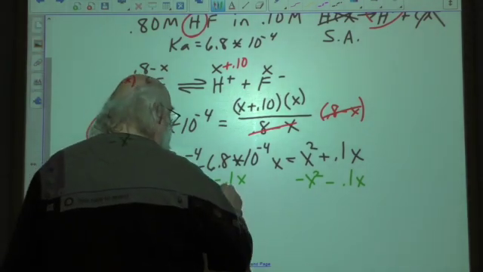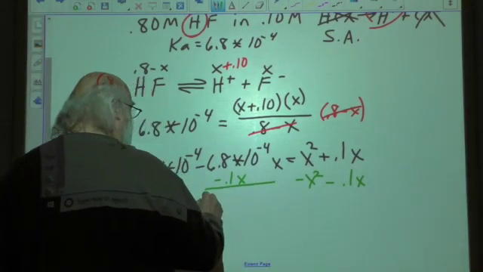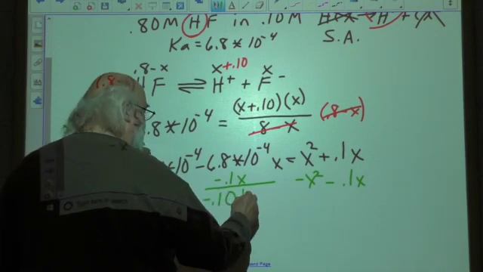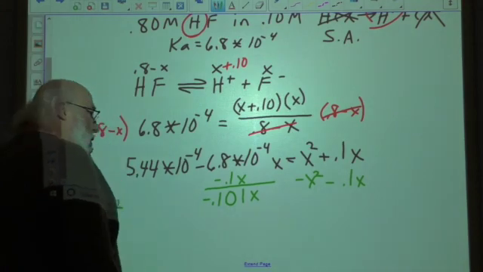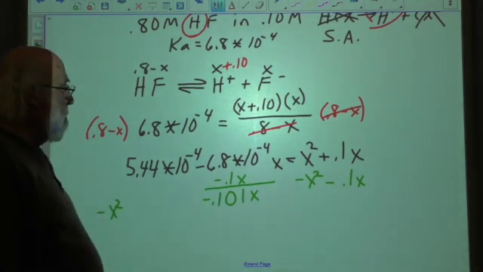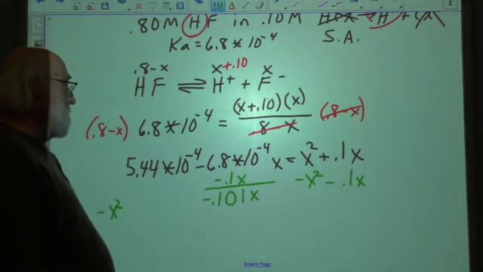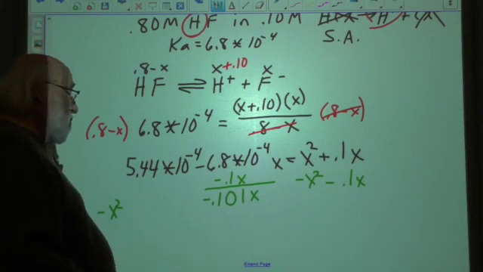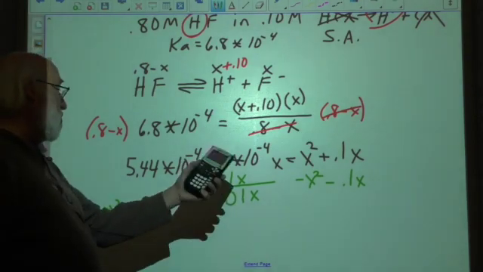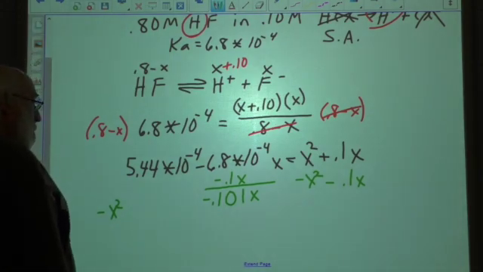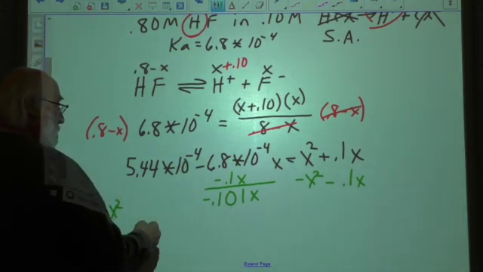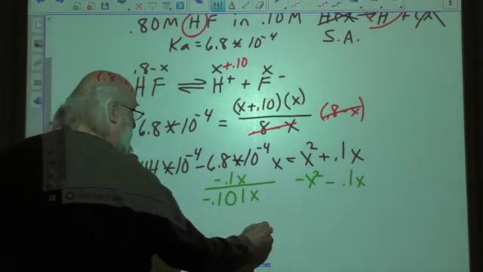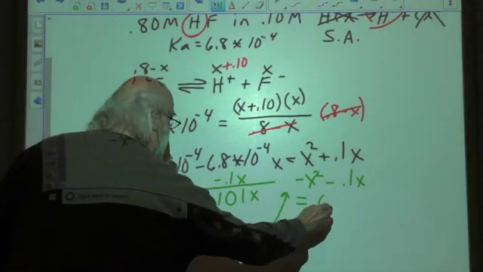When I do that, I'm going to get negative 0.101x. Because that's actually going to be 0.10068, round off to 3 sig figs is 0.101. Okay? And I got negative x squared, and then this is going to go to the end over here, and that's going to set equal to 0.